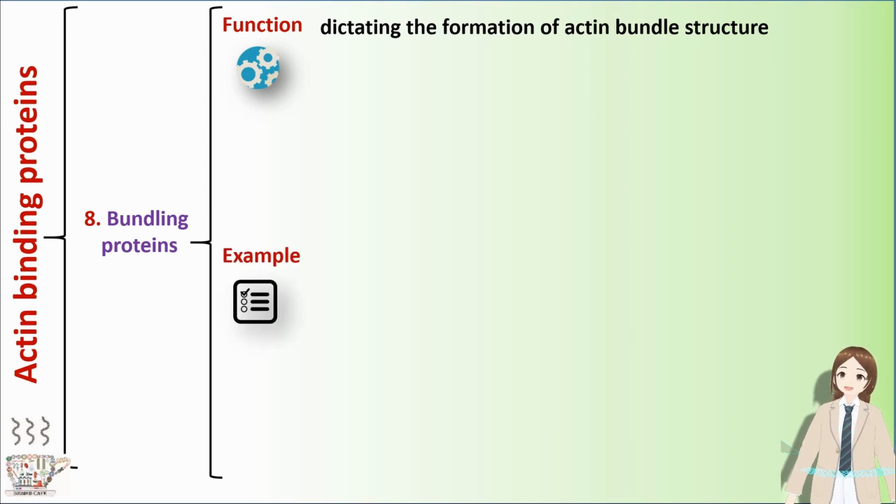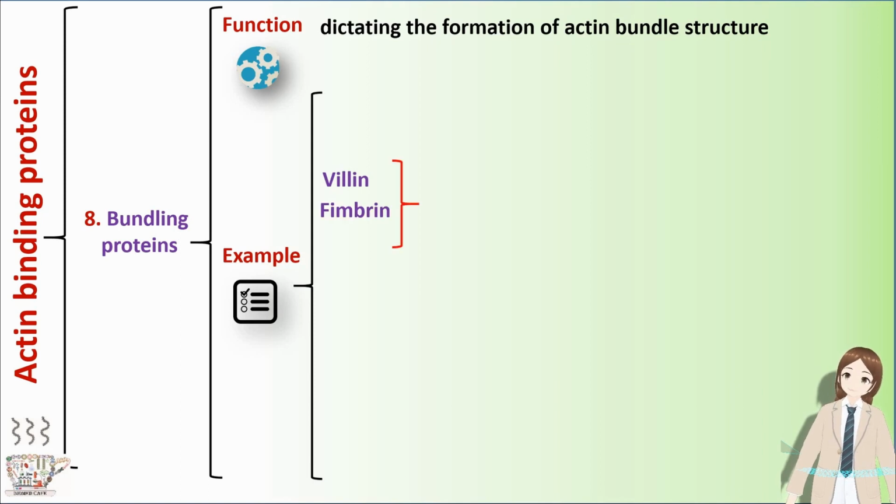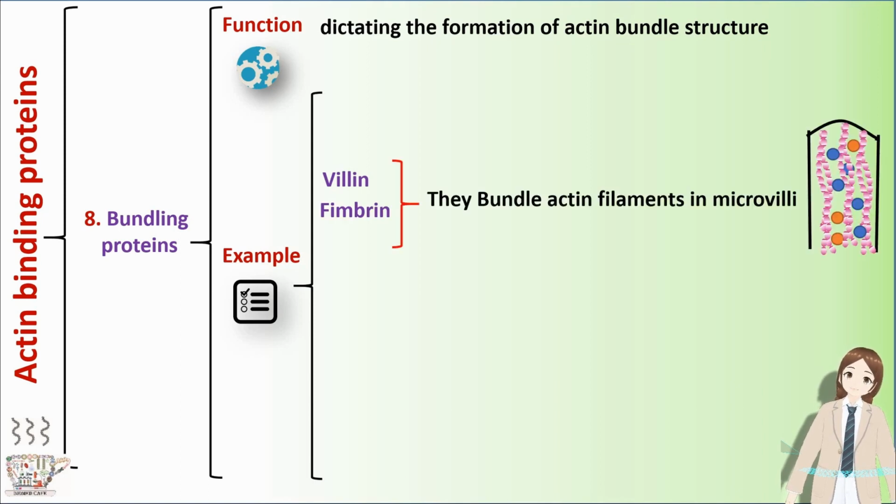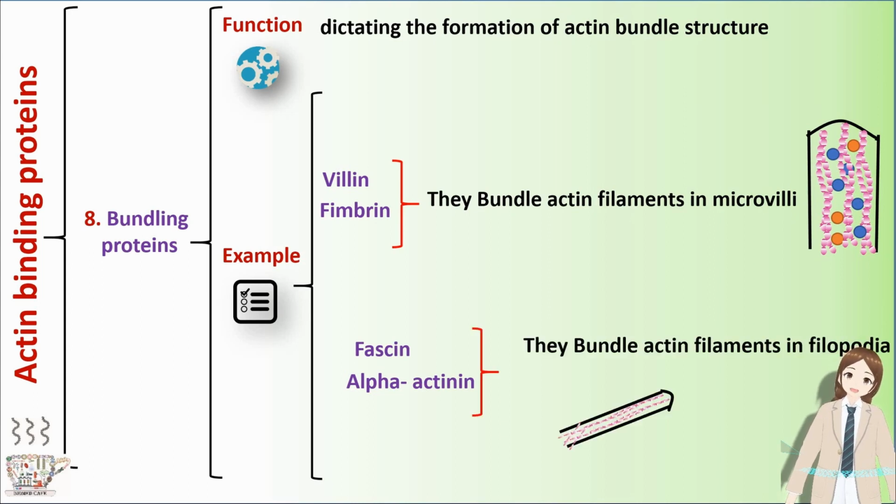Some examples of bundling proteins are villin and fimbrin. They bundle actin filaments in microvilli. And fascin and alpha-actinin, that bundle actin filaments in filopodia.